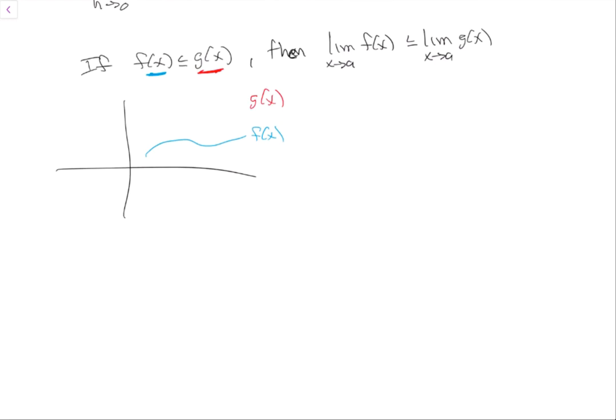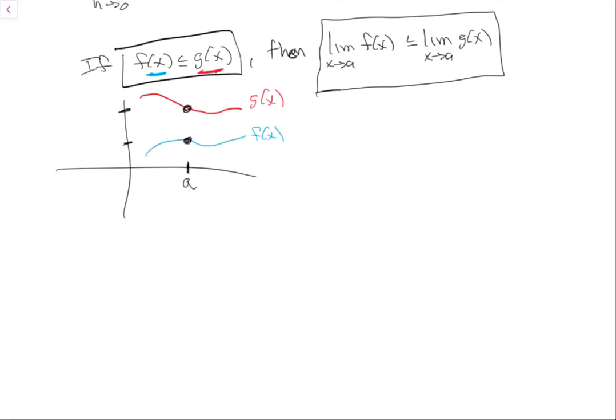In fact, I don't want to imply that, right? So let's say here's g. So as long as f is less than g, then at some point a, the limit of f is going to have a value that is smaller than the limit of g, whatever those two values are. So we can see visually in this manner that the limit of f will be less than the limit of g as long as f is less than g.